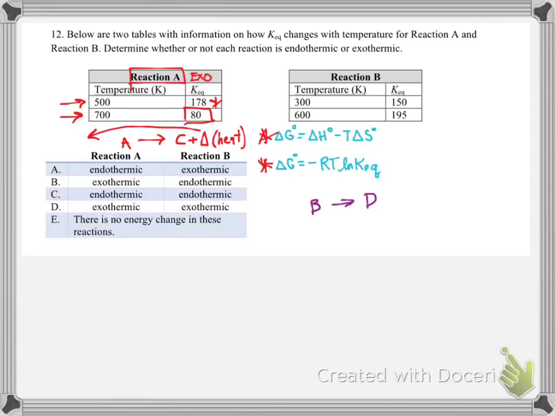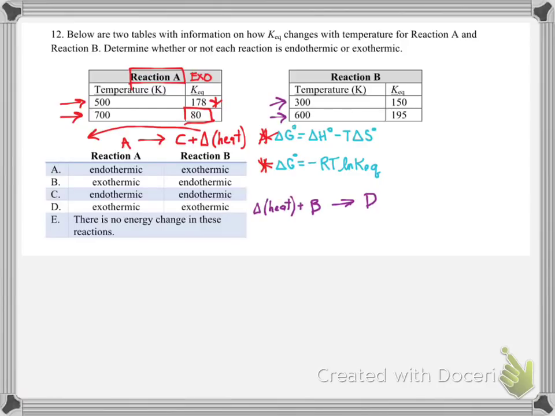Let's take a similar approach for evaluating reaction B. So if reaction B is some reactant B turns into some product D, what do we have going on here with regards to temperature and the equilibrium constant? So at 300 Kelvin, the KEQ is 150. At 600 Kelvin, it's 195, which means as the heat goes up, the products become more favored. So we can consider heat to be a reactant.